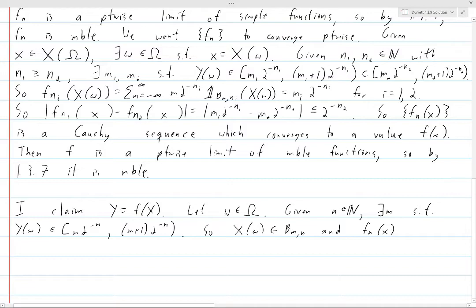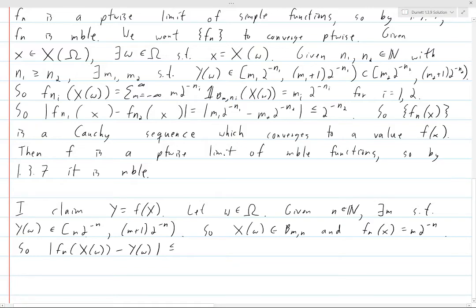Again, same stuff we've done before. So then, the distance between fn of X of omega and y of omega is, well, y of omega is somewhere in this half-open interval, which again we've talked about. This is less than or equal to 2 to the minus n.